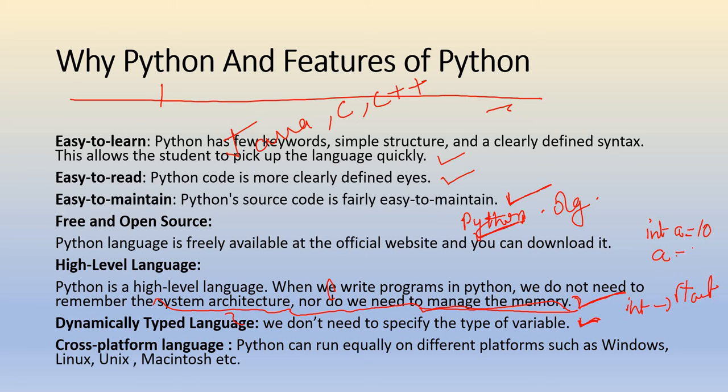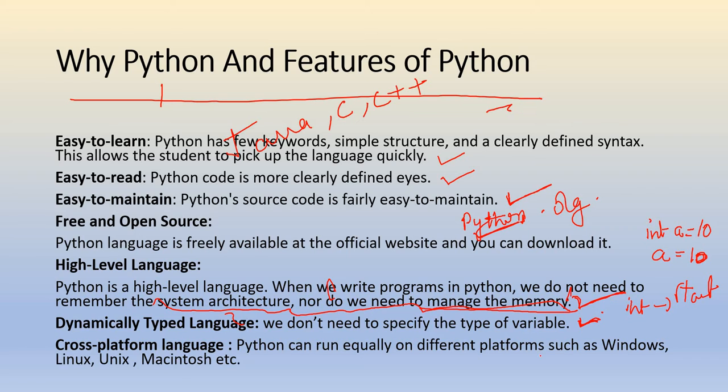Whereas in Python, you can simply write a is equal to 10. That means the interpreter itself understands that a is an integer variable holding the value 10. Like that, it is a dynamically typed programming language. In the same manner, you can change the type of a variable from int to char to float, and float to double, etc. That we will see while we are practicing with the Python programming language.